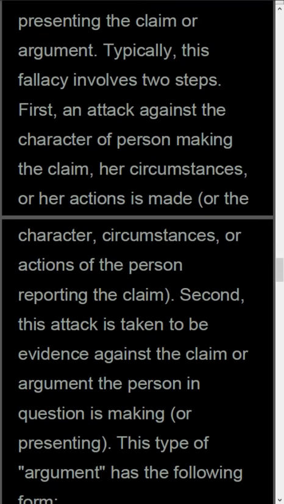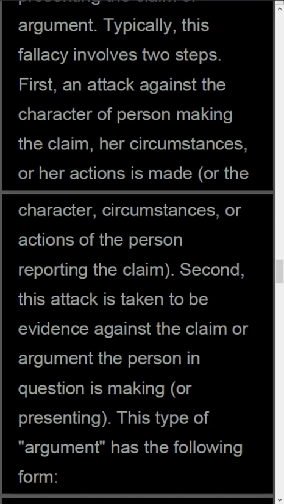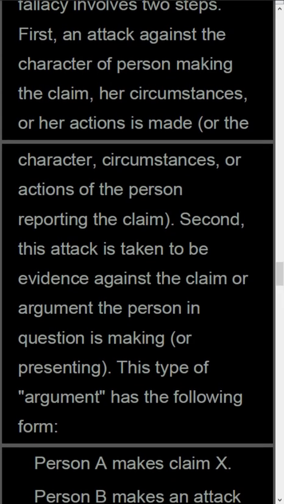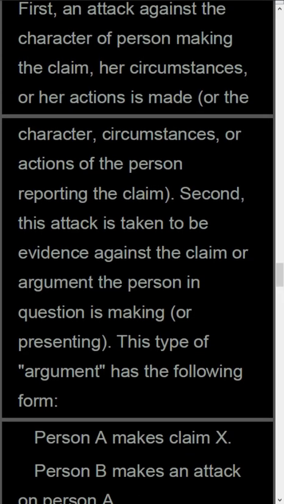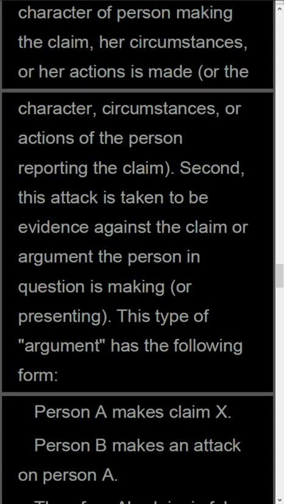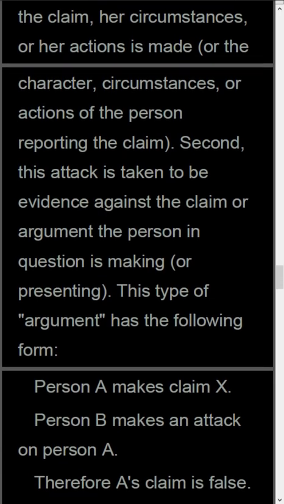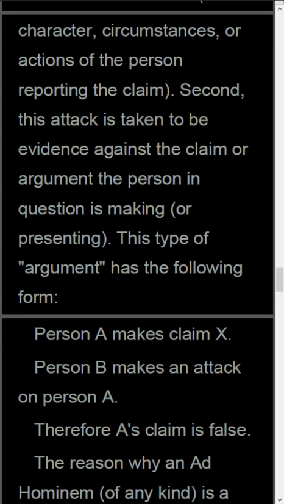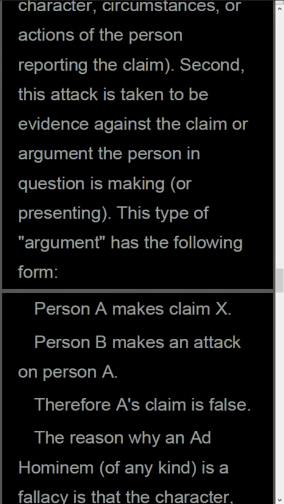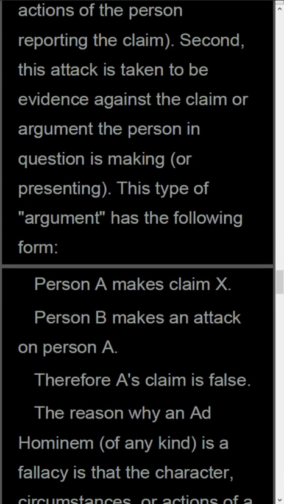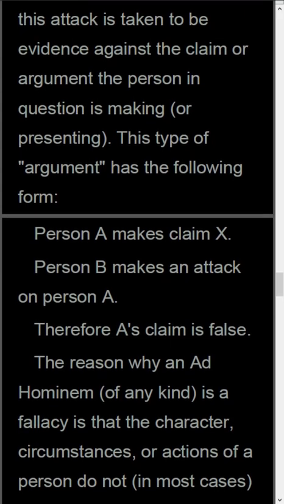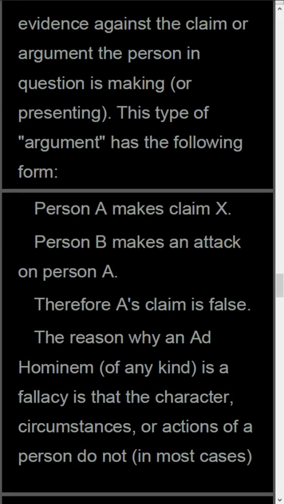First, an attack against the character of the person making the claim, her circumstances, or her actions is made. Or the character, circumstances, or actions of the person reporting the claim. Second, this attack is taken to be evidence against the claim or argument the person in question is making or presenting.